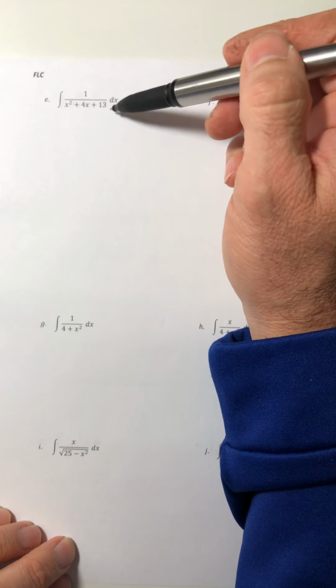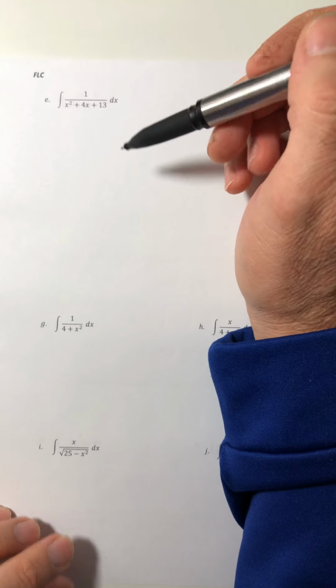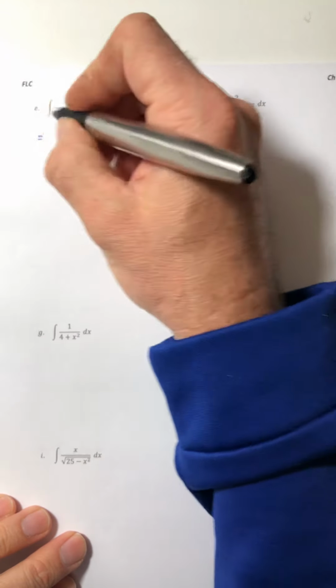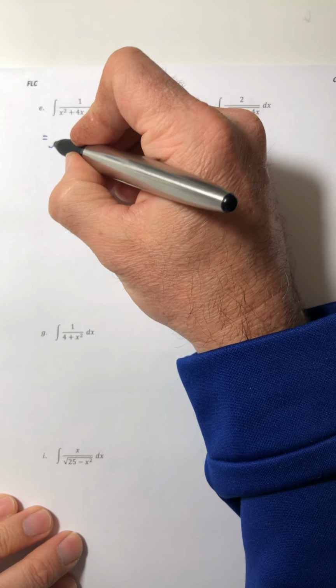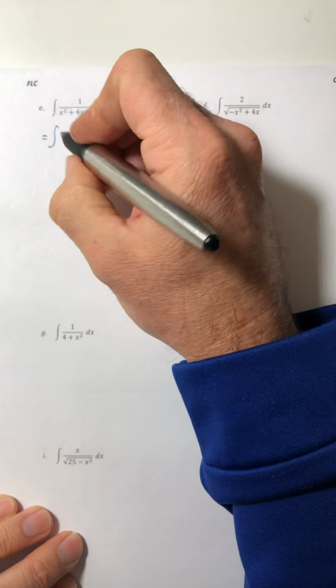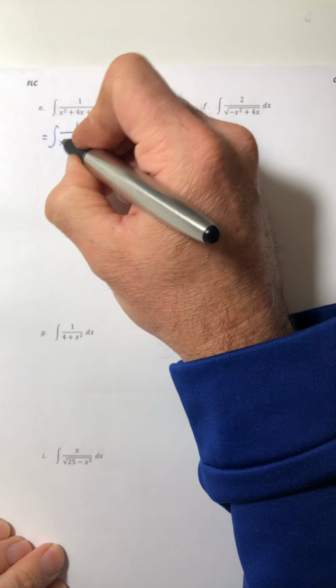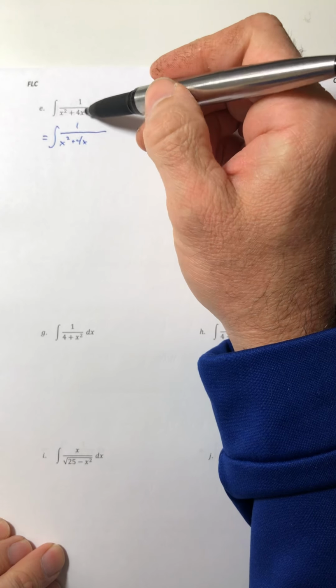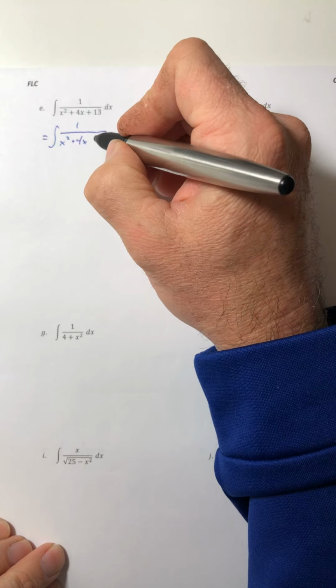So it is kind of close to an arctangent form. It's just a little bit off. So we're going to force it to fit. So I'm going to complete the square in the denominator. So for the x squared plus 4x, to complete it, I need a 4.